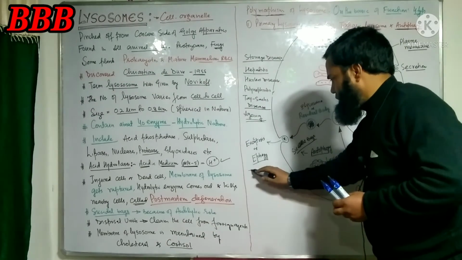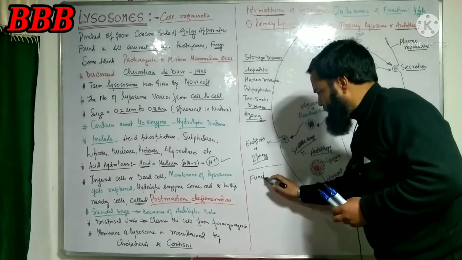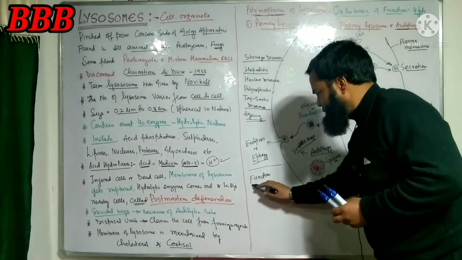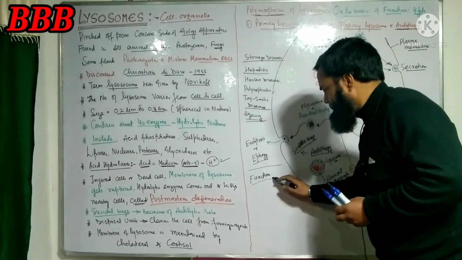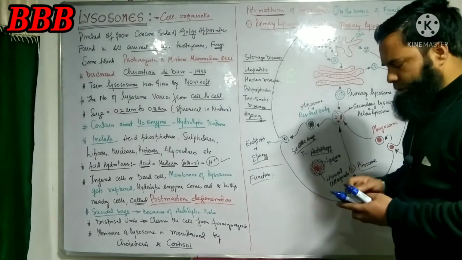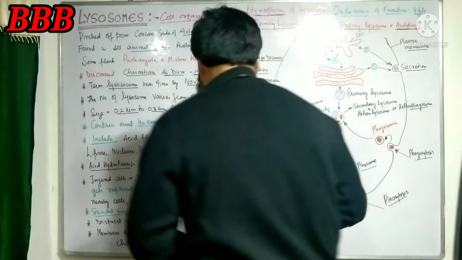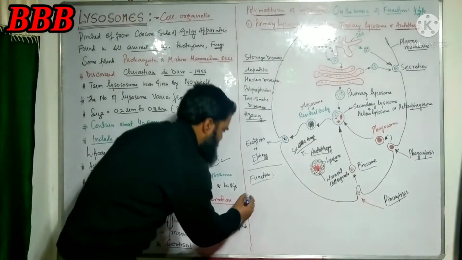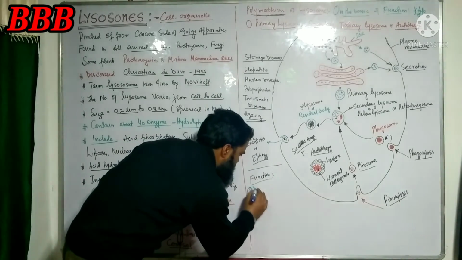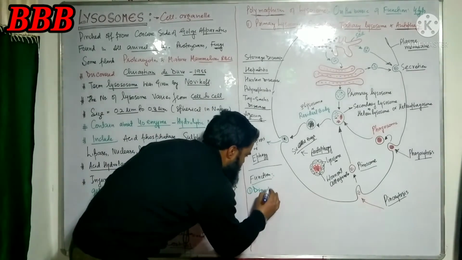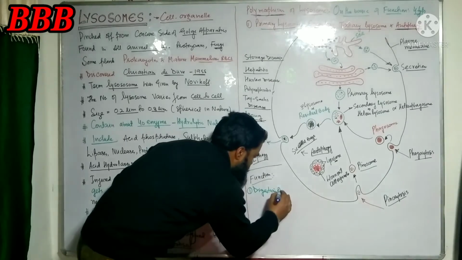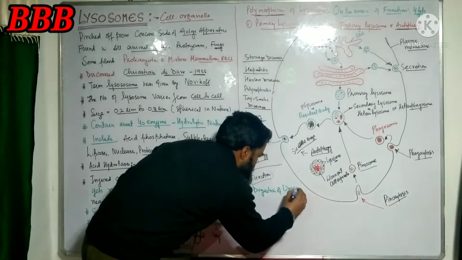And now the functions of lysosomes. When we talk about the functions of lysosomes, it helps us to digest the unwanted material. First one, it helps in digestion of unwanted material.